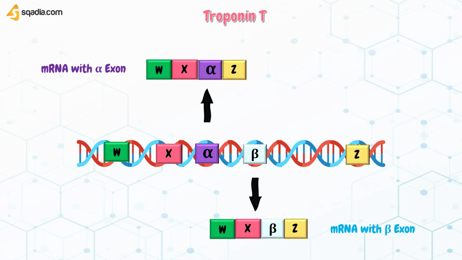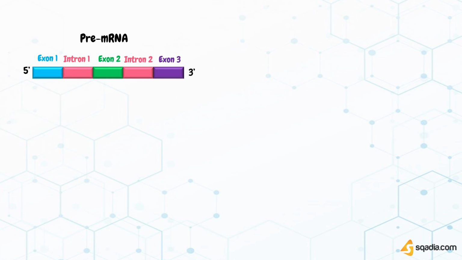Moving forward, alternative splicing uses the same pre-messenger RNA to generate RNAs that have different combinations of exons. Alternative splicing can lead to the inclusion of an exon in some messenger RNAs, whereas it leaves it out of others. A single primary transcript can be spliced in either of 2 ways.